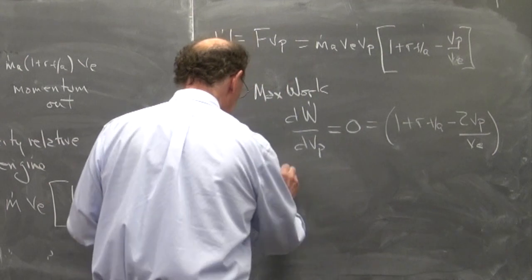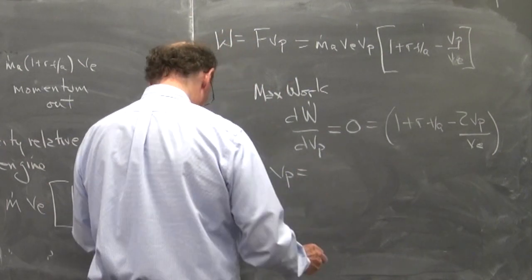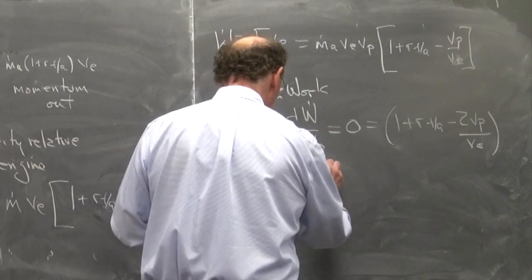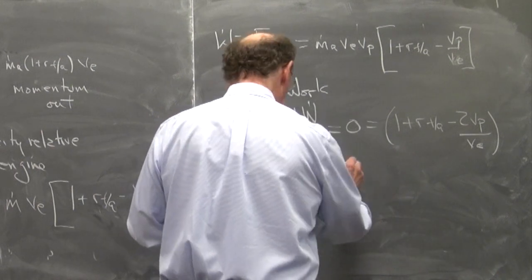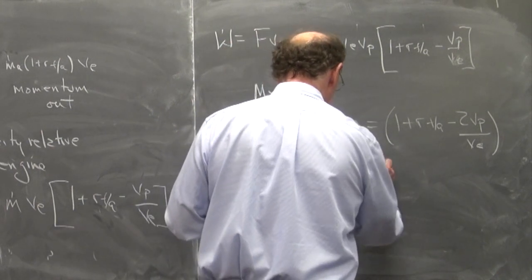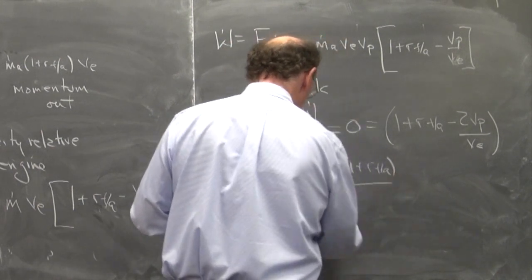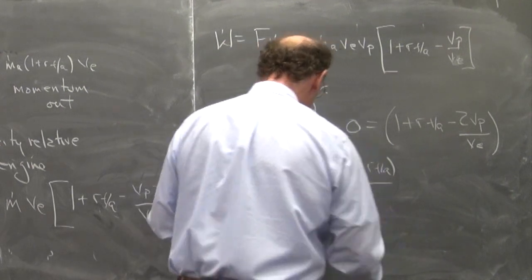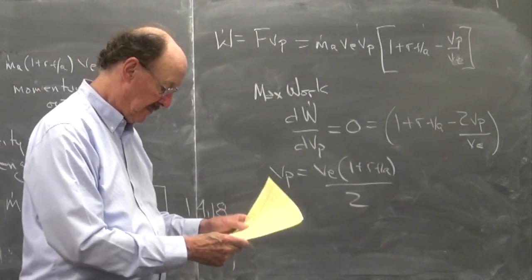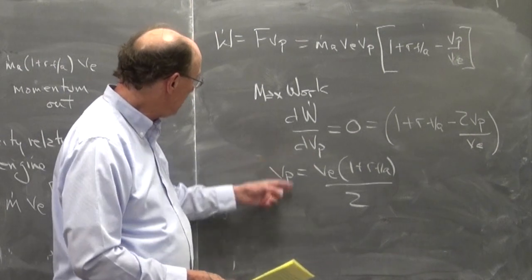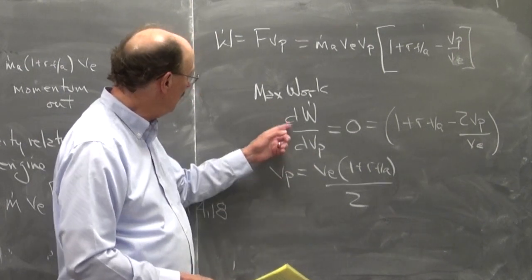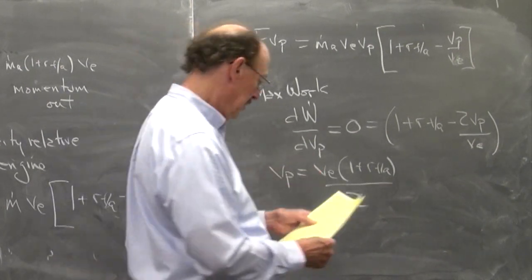And so I get that v sub p is equal to v sub e times 1 plus RFA over 2. So for the maximum work, the plane velocity would be about half the exit velocity.